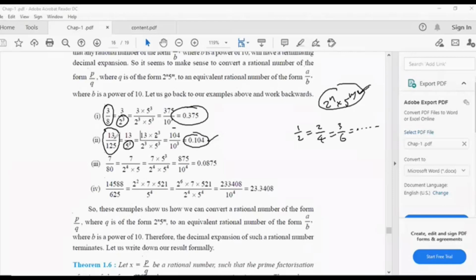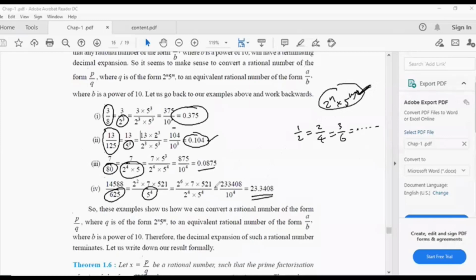So we have discussed 2 examples. And the third one also: 80 is the denominator. 80 can be written in the form 2 raised to n into 5 raised to m, then its decimal form also terminates. And 625 can be written in the form 5 raised to 4. That means that is also in the form 2 raised to n into 5 raised to m, and its decimal form also terminates.